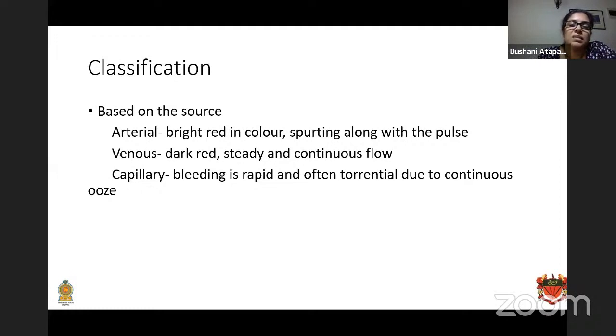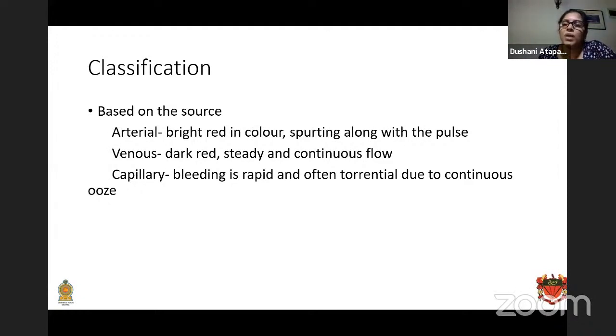Arterial means the blood would be bright red in color and spurting along with the pulse. Venous is more dark red in color with a steady, continuous flow, whereas capillary bleeding is rapid and often torrential due to copious oozing of blood, right?